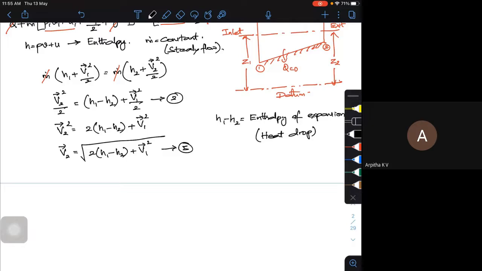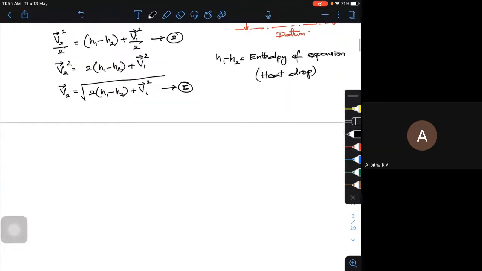Many times, or the majority of the times, your exit velocity is much greater than your inlet velocity. So that is equation 3. If my exit velocity is much greater than your V1, then your equation 3 becomes... what do you mean by it actually?